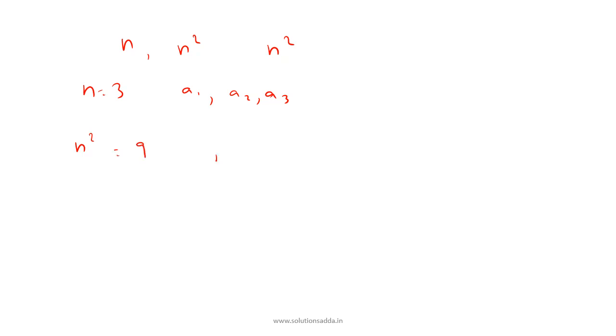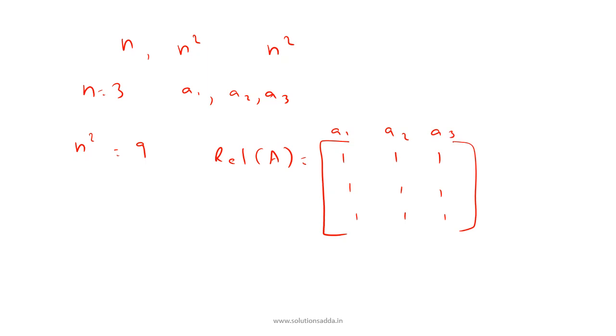So the relation A can be denoted as the matrix of all 1s: 1, 1, 1, 1, 1, 1, 1, 1, 1. The elements are A1, A2, A3, both along the rows and columns. Since it follows reflexive, all the diagonal elements are related.